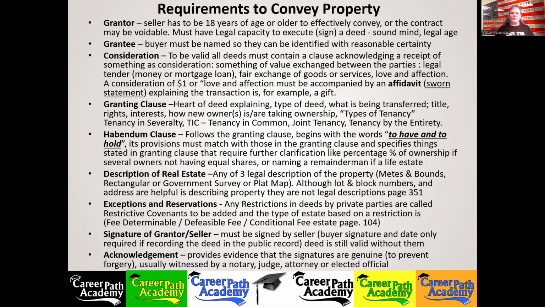Or if there's several owners, or if you're going to name a remainder man, depending on the types of estate that you got there. If you're naming a remainder man, like if it's a life estate, is the property coming back to me? Because if it's a life estate, you don't need to specify. Upon your death, the ownership reverts back to me because I'm the one that gave it to you.